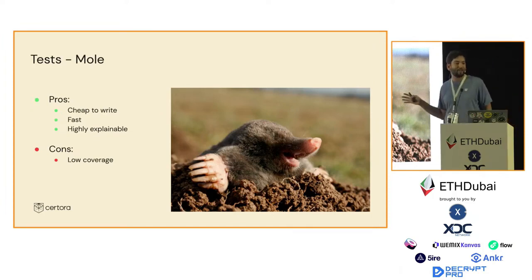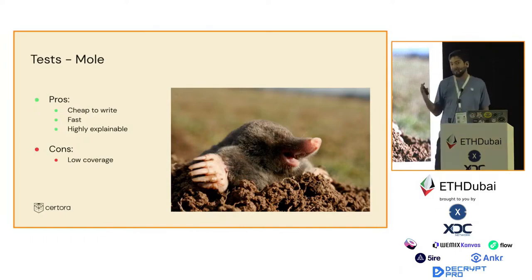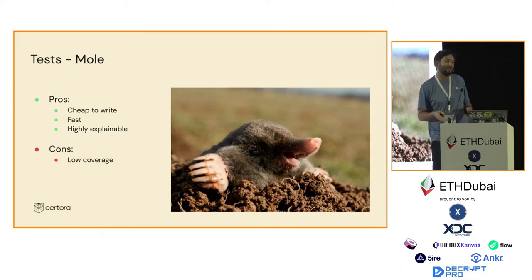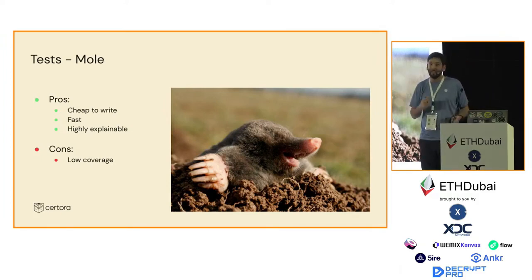Tests are cheap to write, they're fast, and their largest advantage is that it's relatively easy to understand what went wrong when they fail. Because you wrote the test, hopefully you wrote some documentation of it, and you're looking at a very specific thing, so it's relatively easy to trace back and see what went wrong. And again, as we said, they have low coverage: specific starting state, input, and scenario.